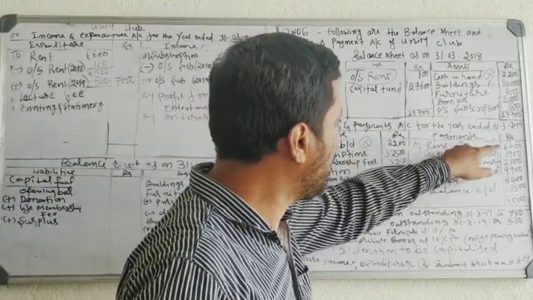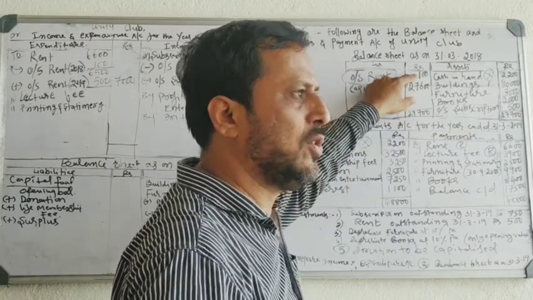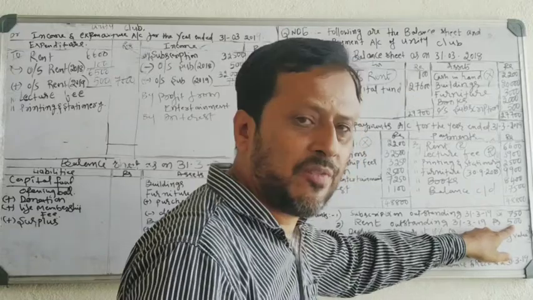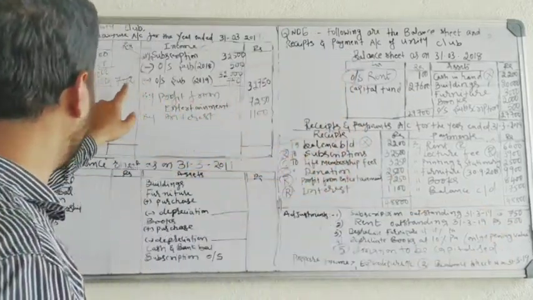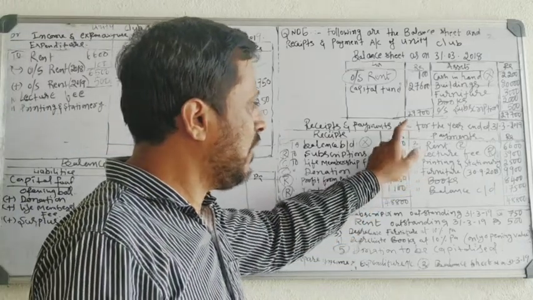Rent 6,600, last year outstanding 100 minus, 6,500, current year outstanding 500 add, so total rent is 7,000 rupees. Okay, next, it is over.